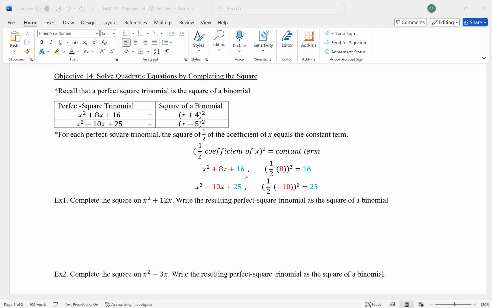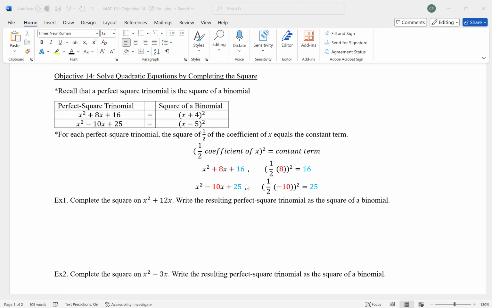So if we look at this trinomial here, x squared plus 8x plus 16, okay? If we look at the plus 8 in red, that is the coefficient of x. So we need to do 1/2 the coefficient of x, squared, okay? So 1/2 times 8 will be 4, and 4 squared is going to be 16, okay?